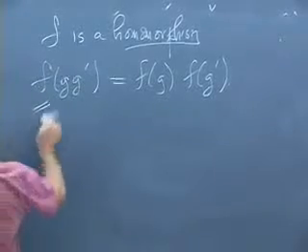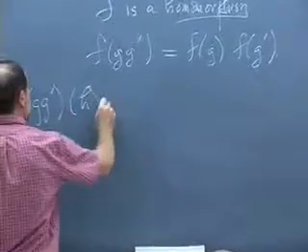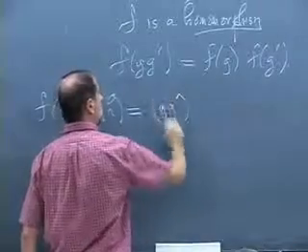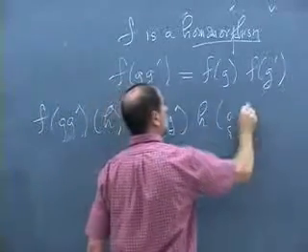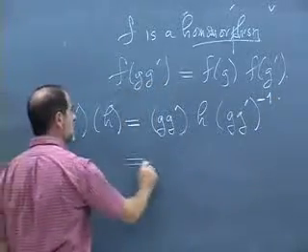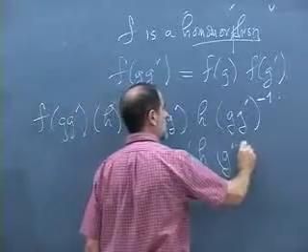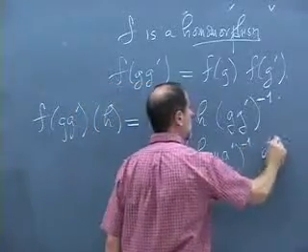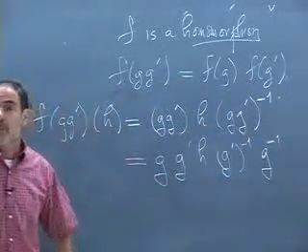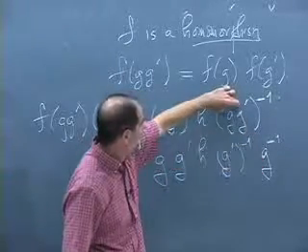By definition, F of GG' on an element H is conjugation by GG', which if I wrote it all brutally out would look like GG'H G' inverse G inverse. You should get used to the fact that when you invert a product, you get the product of the inverses in the opposite order, because this element has the property that when you multiply it by this, you get the identity.